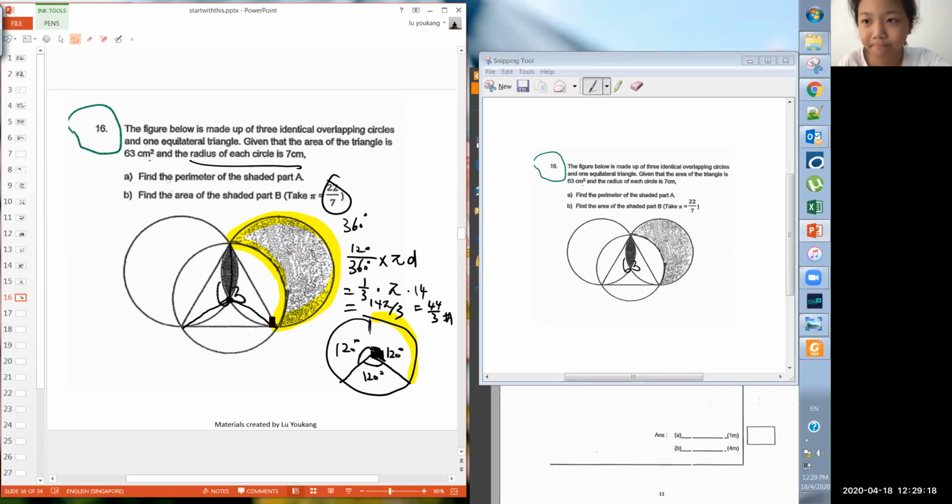How? Is this equal? Okay. Is the yellow line equal to this line? Are they equal?